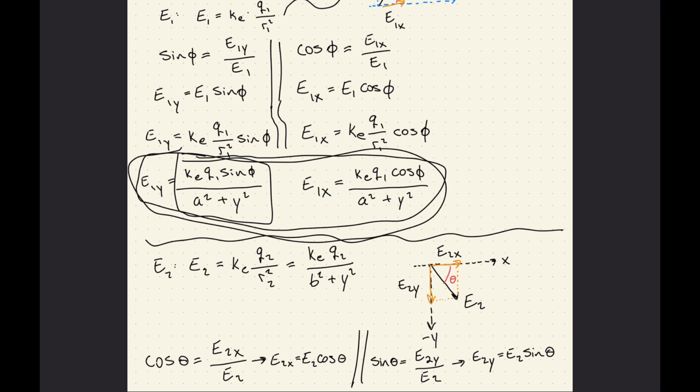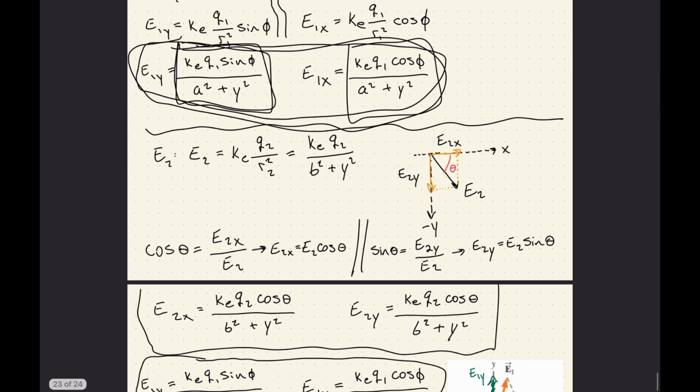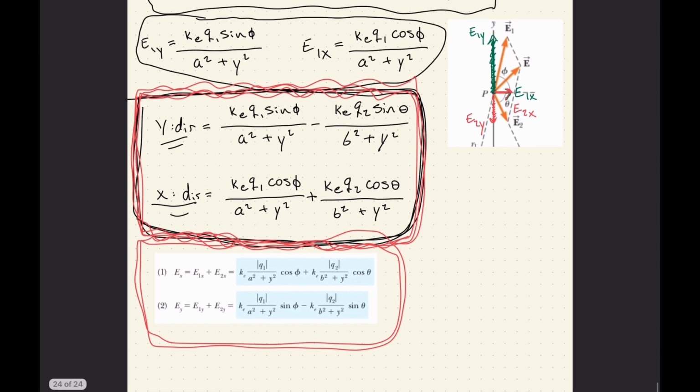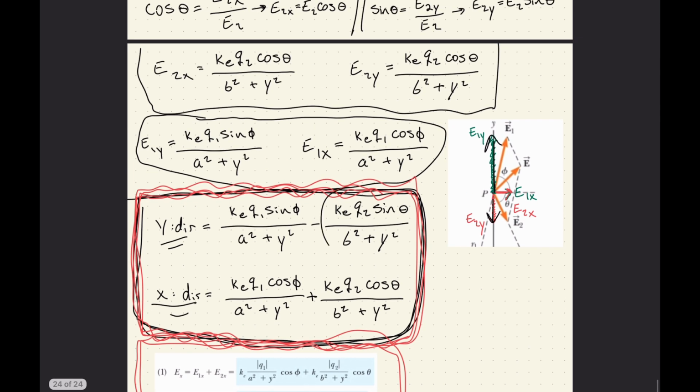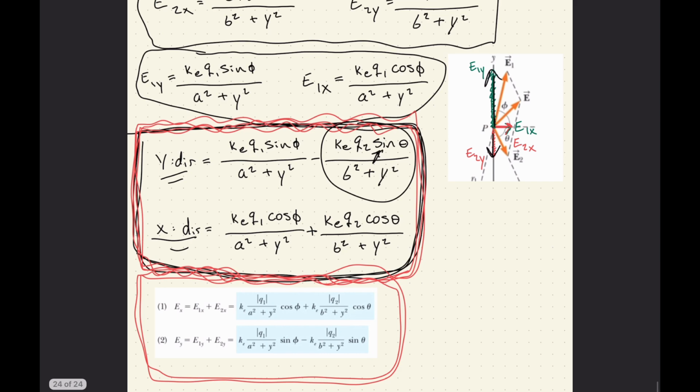But normally, people just plug in numbers, no units. As you can see, it is pretty much the same thing we did in that first problem. Break apart vectors, add them up, and keep in mind the directions of all your vectors, and don't copy and paste like I did here. I think that was the mistake I made with this sign. If you do that, you should be good to go.